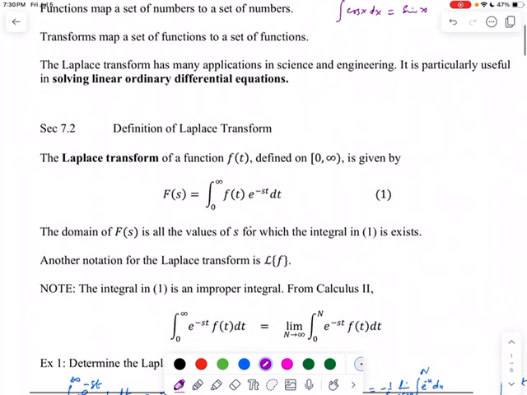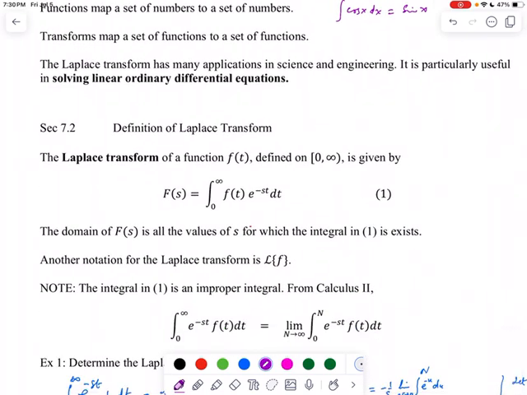The definition says that the Laplace transform of a function little f of t defined on t greater than or equal to 0 is given by big F of s, and it is this integral from 0 to infinity of f of t times e to the minus st dt. Previously, in calculus 2, you would have f of t and dt, with limits 0 to infinity or any other limits.